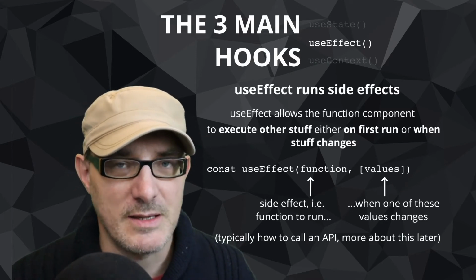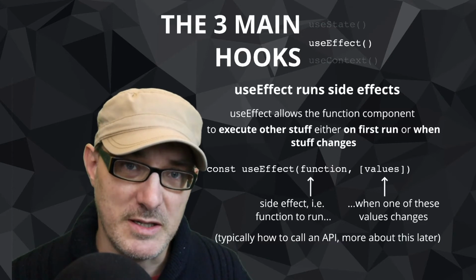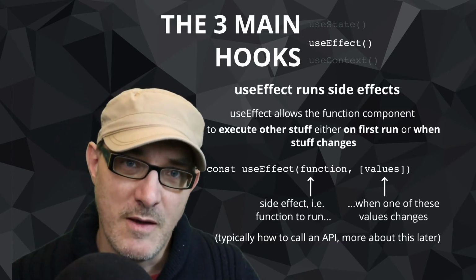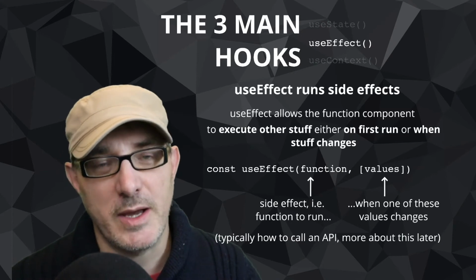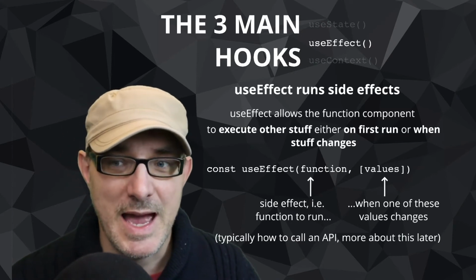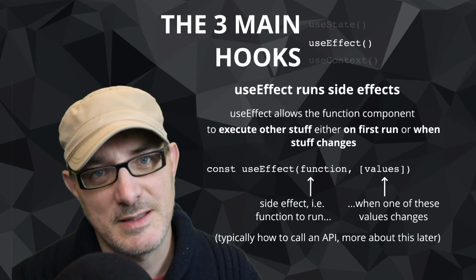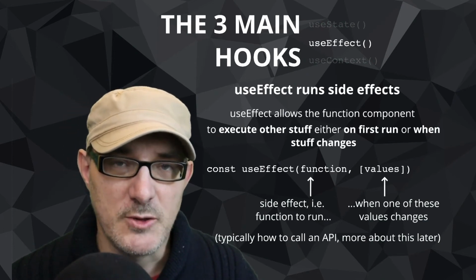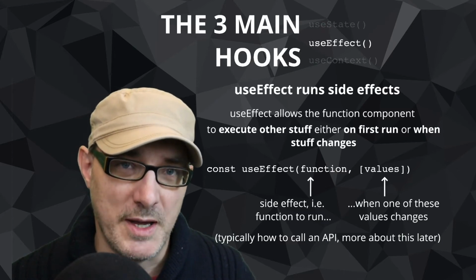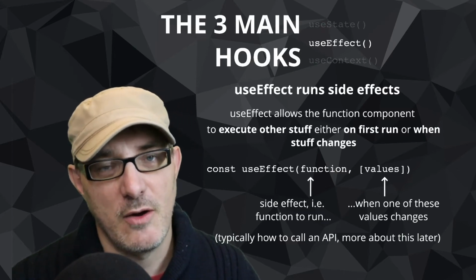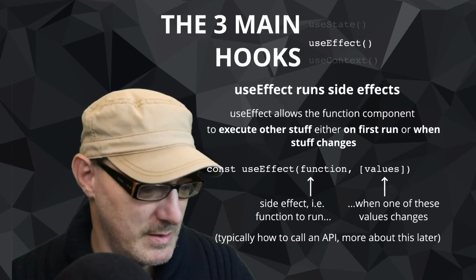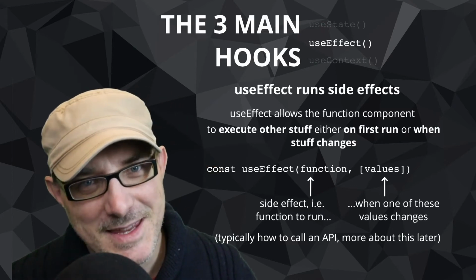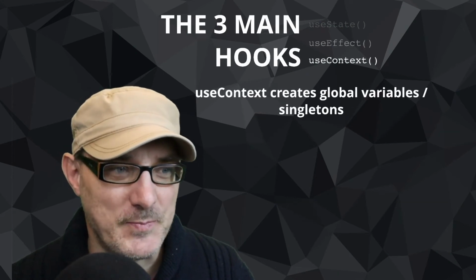We have a useEffect, and the first parameter is the function that's to be run, and the second parameter is the list of values that the hook is going to look at, and when they change, it's going to trigger the side effect. So basically, this is how we call an API on the first run of the application, or at later runs. We'll see how to use that later on in the walkthrough example.